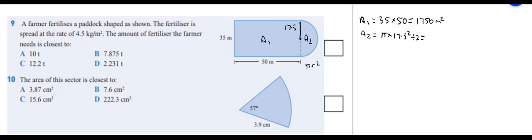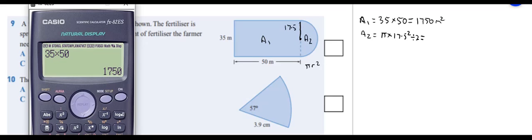So we get our calculator and we'll do pi times 17.5 squared, that's for a whole circle, divided by 2, and that's giving us an exact answer in terms of pi, but let's do a decimal approximation.